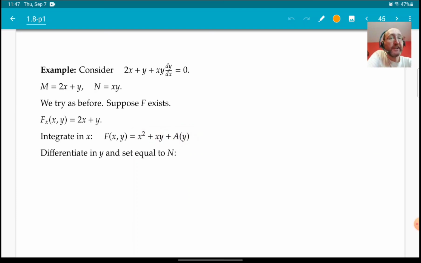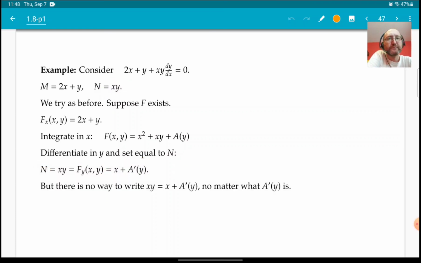Now we differentiate in y and set it equal to n. So n is xy, and we set it equal to the derivative in terms of y, which is x plus the derivative of a. Now, there is no way that this can be true.